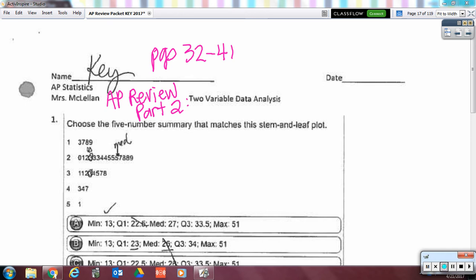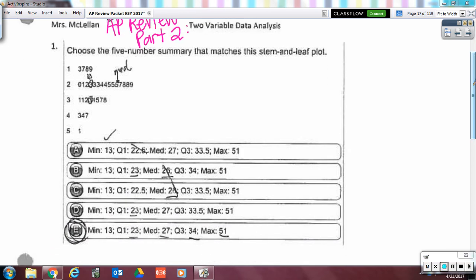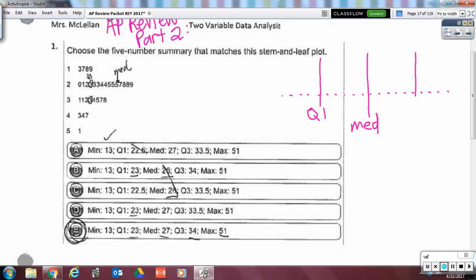Let's take a look. Here you want to do your 5-number summary. You can actually do this by hand. If you put all the numbers in order, then you count them out, and the one in the middle, of course, is the median. The center of the bottom half is how you could count to the Q1, and the center of the top half is how you could count to the Q3.